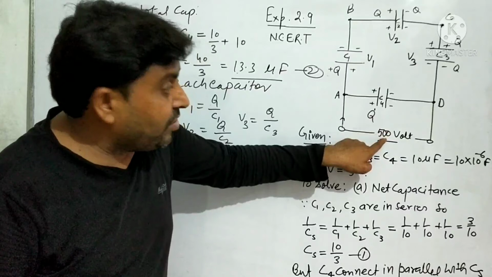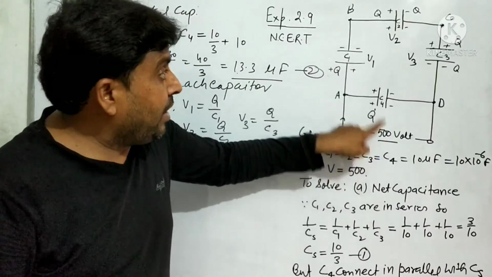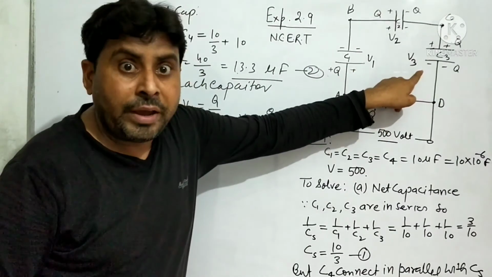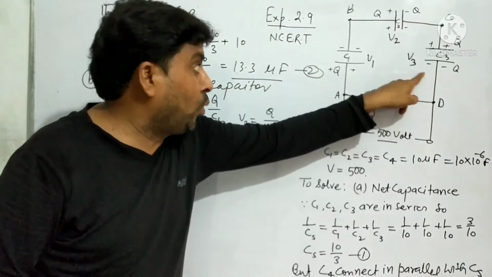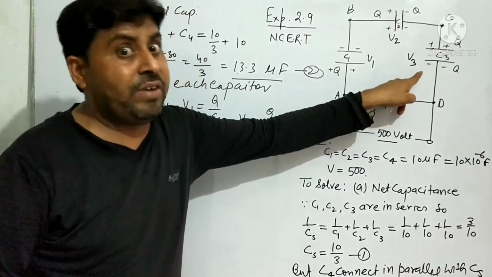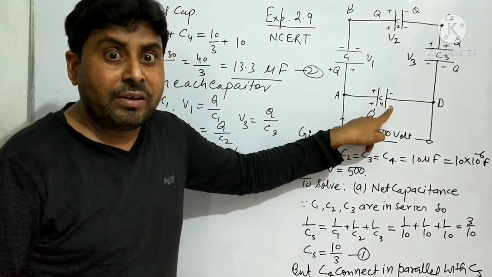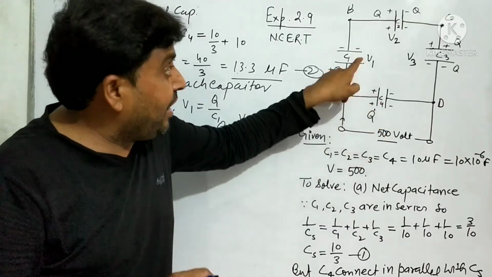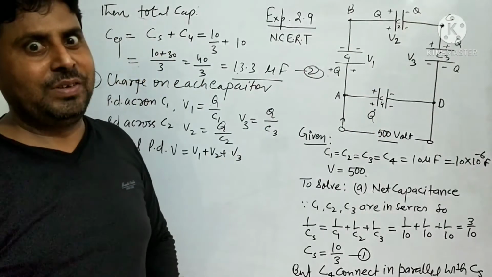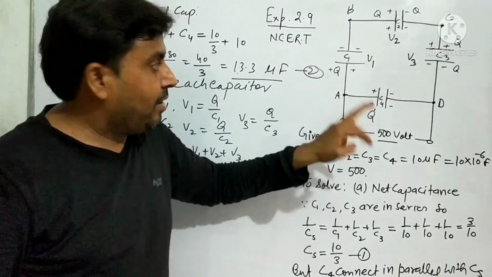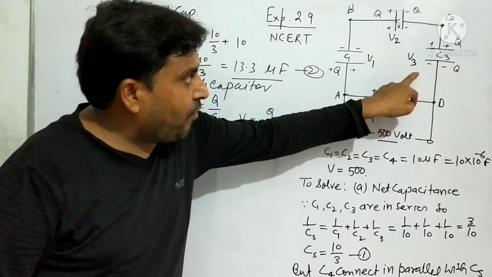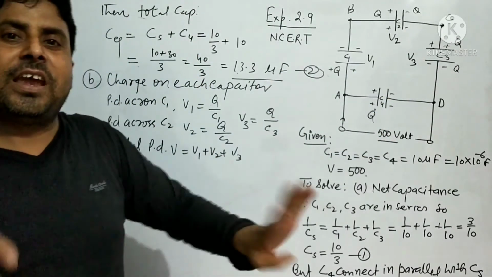In parallel combination 500 volt here, then it also has the 500. It means total potential is 500 here, and this is also 500. But we are finding individual potential also. So individual potential only here, here and here. Total potential for these and these remain same.